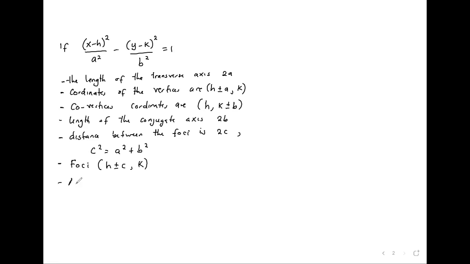And then the asymptotes, when you shift, we have y is equal to plus or minus b over a (x minus h) plus k. That is the case.